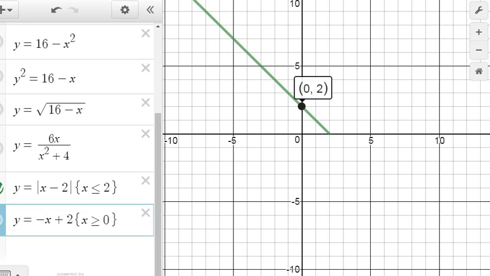Roughly speaking, our graph is the lower part of this. It's just this right here. All right.